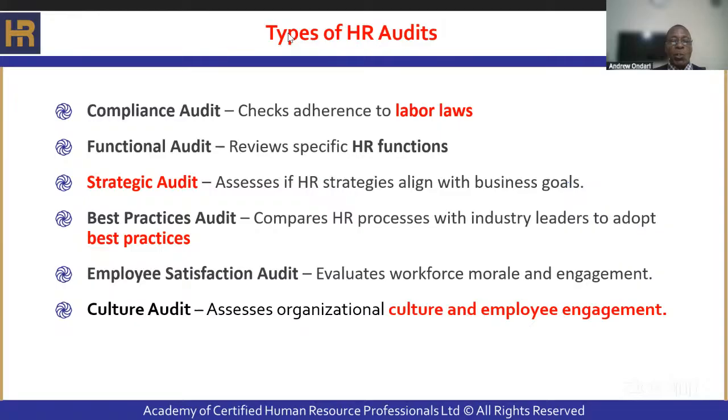In our HR audit, we should measure or determine the level of integrity and honesty in our organizations. So we develop a tool that will enable us to obtain such kind of information, like corruption. Are there cases of corruption in our organizations? That touches on honesty and integrity.